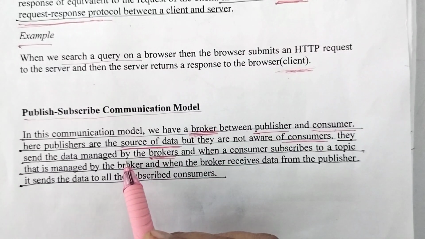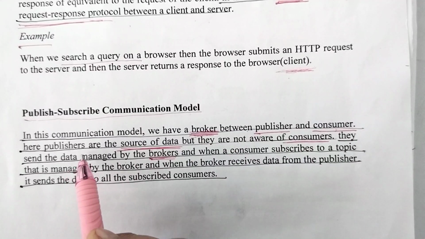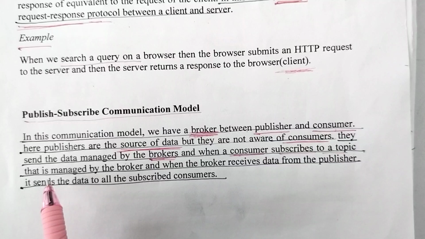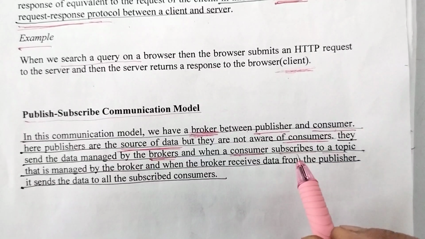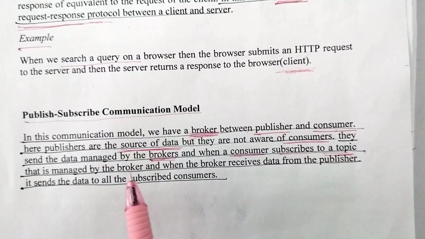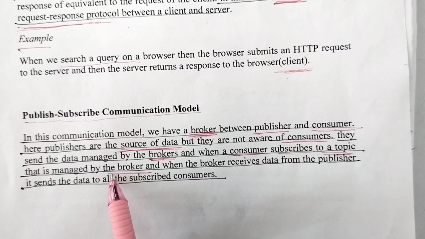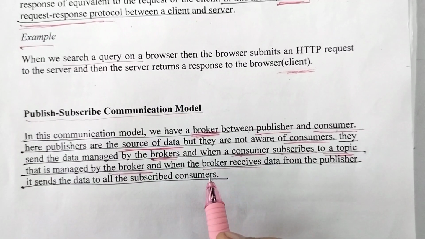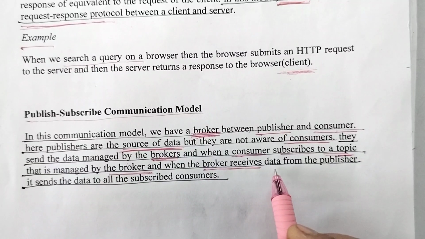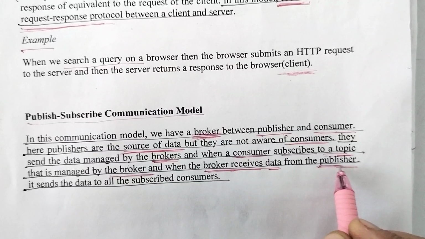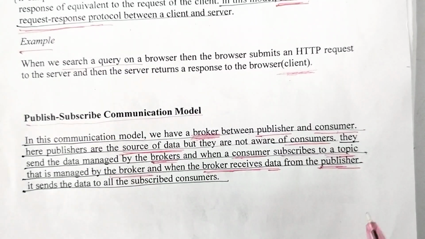These brokers manage the data which is being published or sent by the publishers, and when a consumer subscribes to a topic of that publisher, and even in the subscription it can subscribe to particular topics of that publisher, all this is being managed by the broker. The broker will keep on receiving data from the publisher, right?